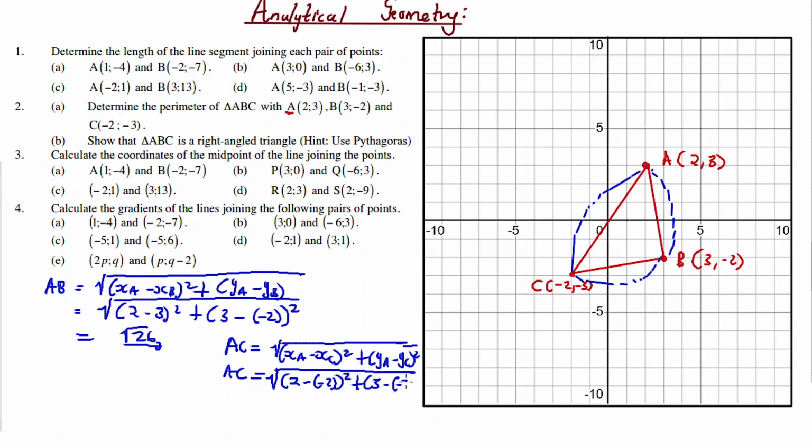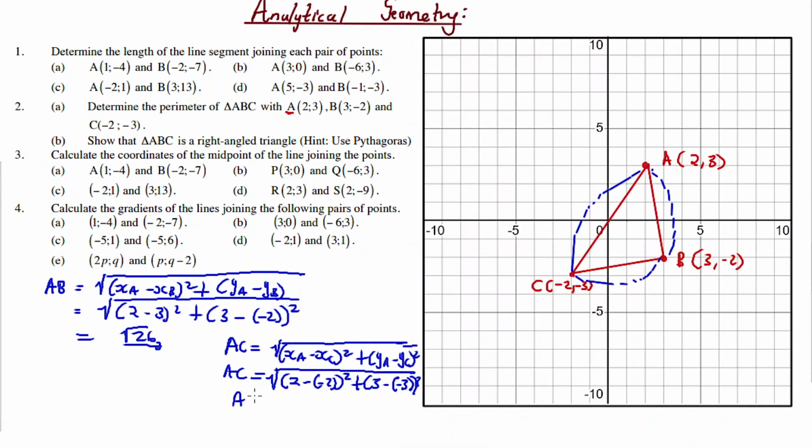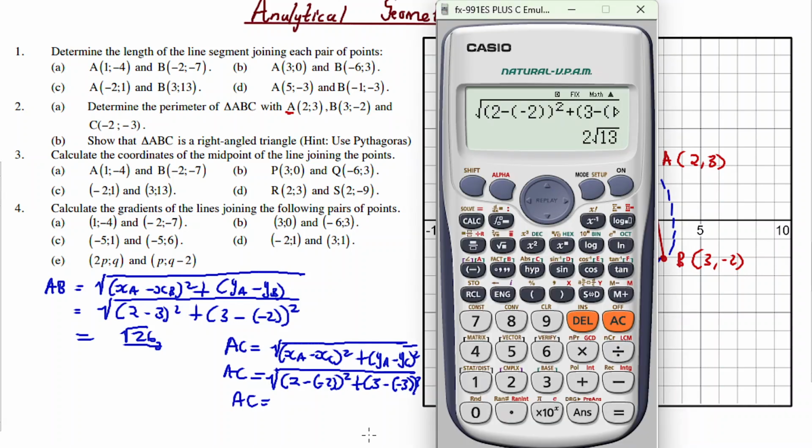So it's gonna be a minus 3, then we square this. So it's gonna be the square root of 2 minus negative 2 squared plus 3 minus negative 3 squared. I didn't open a bracket here. So the answer is AC, 2 square root 13.